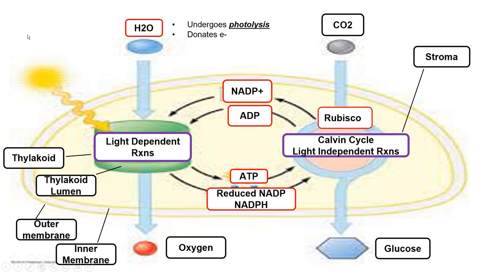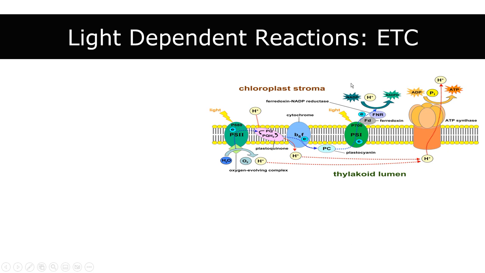But this is the overall picture: the light-dependent reactions happen within the membrane of the thylakoid, whereas the Calvin cycle, the light-independent reactions, happen within the stroma. And we're dealing with two important products, ATP and reduced NADP, also known as NADPH. Okay, so let's look first at these light-dependent reactions.